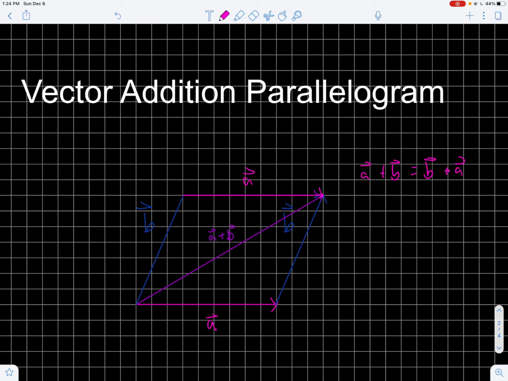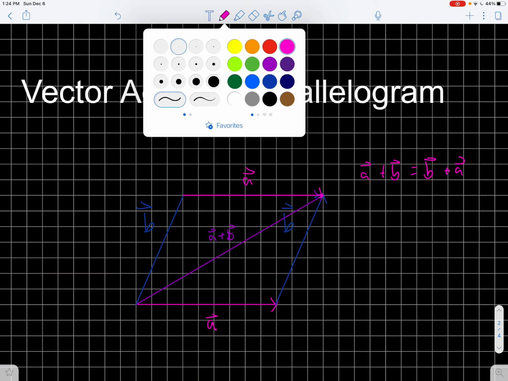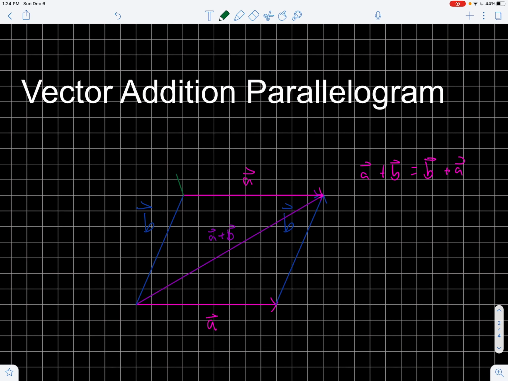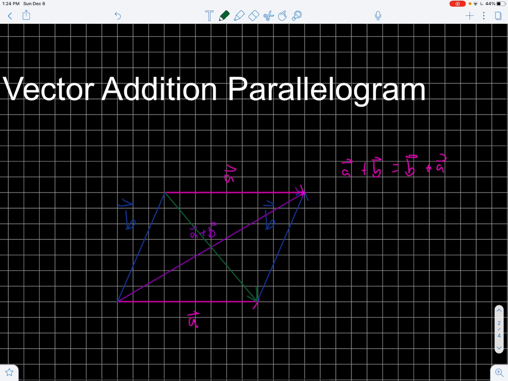Now, what about our other diagonal? Well, if we go from the head of B down here to the head of A, let's make that a different color. Let's make this green. From the head of B to the head of A, what are we doing when we're going from the head of the second vector to the head of the first vector? Well, we are subtracting.